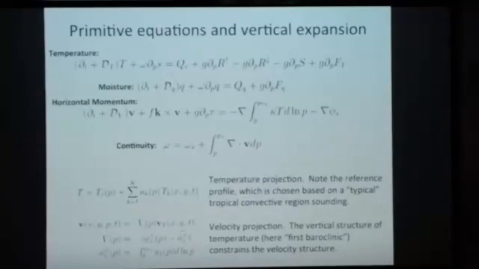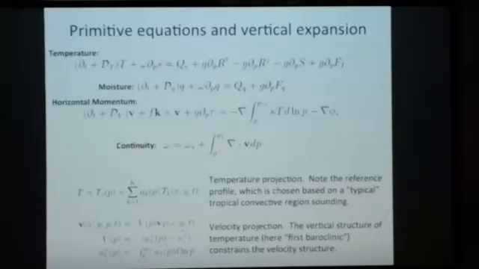So, the primitive equations and this process for doing the vertical expansion. We can essentially write the primitive equations. We've already seen the temperature and moisture equations, this is just in a different form. On the left-hand side we have the total derivative of the temperature or the dry static energy, and that's equal to these diabatic terms on the right-hand side: the convective heating and radiation.